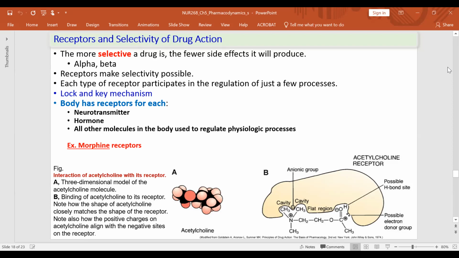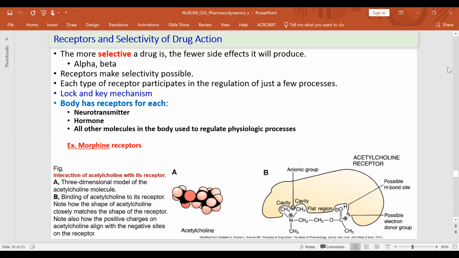Each type of receptor participates in the regulation of just a few processes. So it's based on what is called the lock and key mechanism. Each receptor binds to specific chemicals or specific drugs, medications.